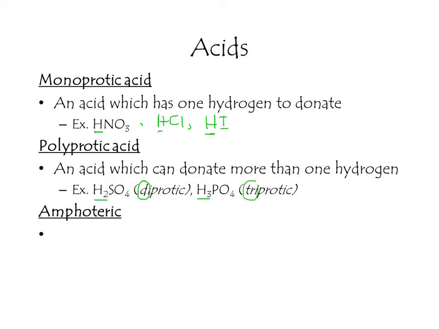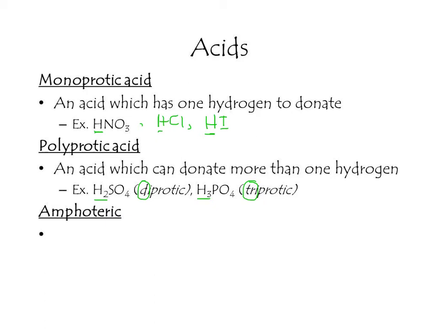This is called triprotic because it has three hydrogens to donate. Now, with these polyprotic acids, some, like sulfuric acid, are strong, and some of them are not. We are going to learn about these reactions and what type of products are formed when they go through neutralization.